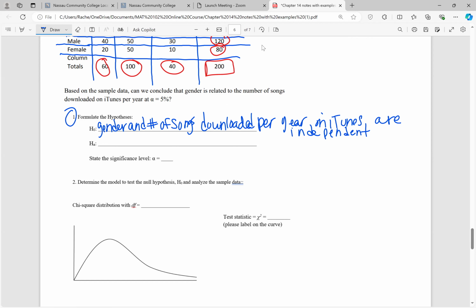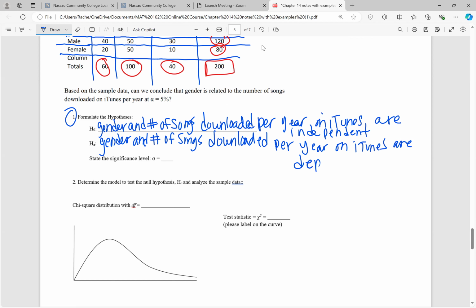And then the alternative is that gender and number of songs downloaded per year on iTunes are dependent. And we're testing at an alpha level of 5%, or 0.05. So that's the first step, to formulate our hypotheses.